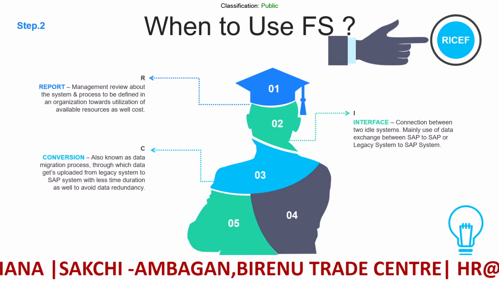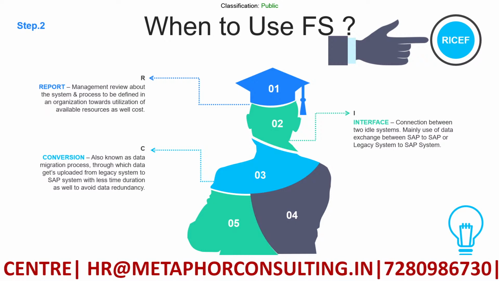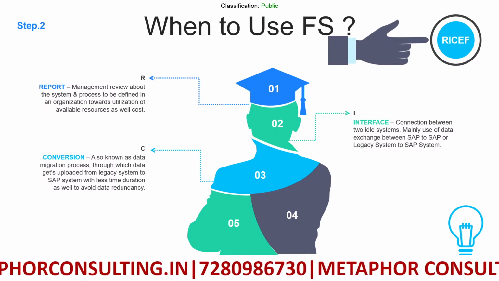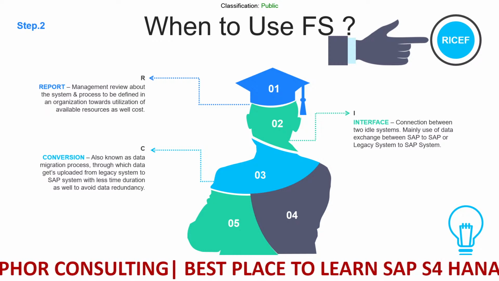From where will you get the data, or how can SAP identify the data automatically? No, SAP cannot find it. For that, there is a tool called the conversion tool.